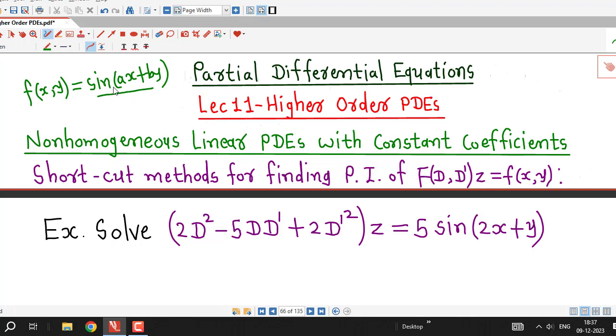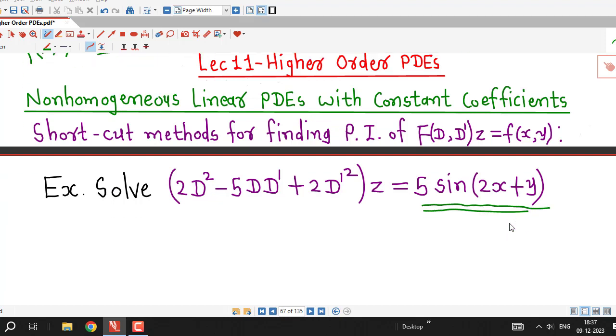Today we are going to discuss one more problem of the non-homogeneous equation in which the right hand side is sin(2x+y).